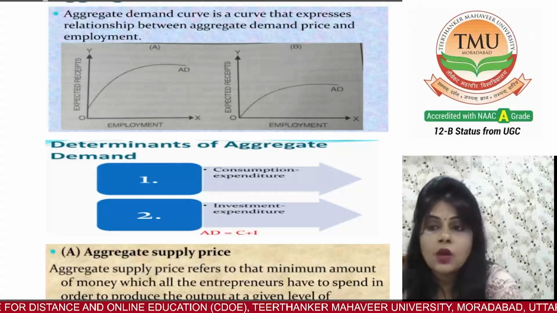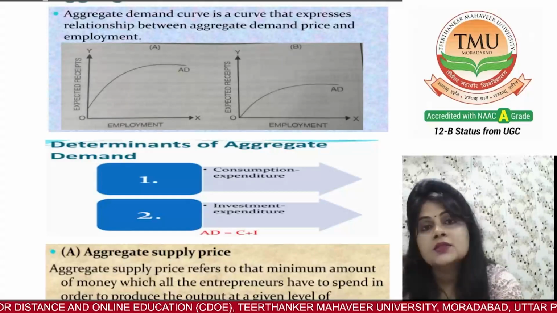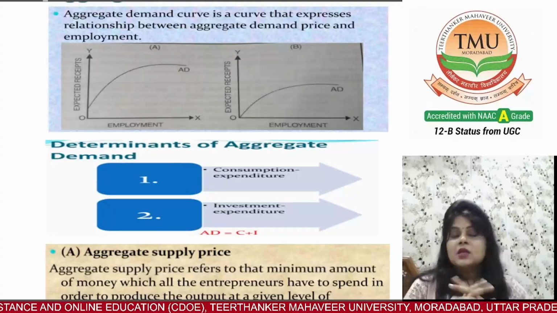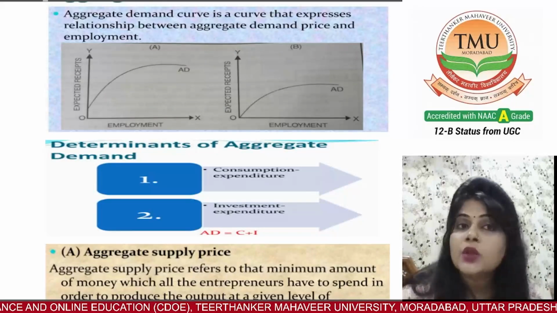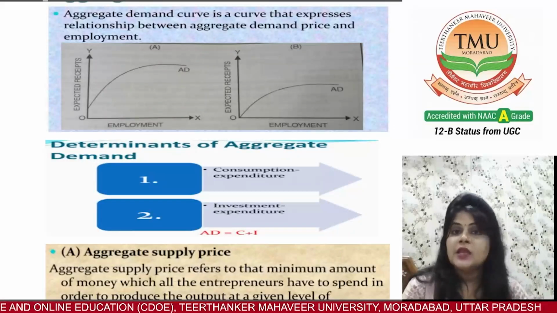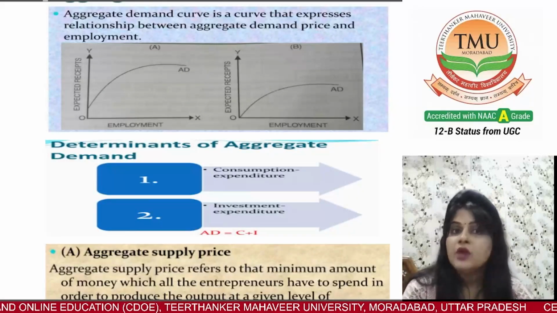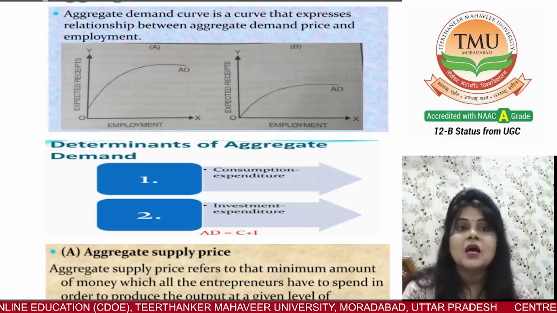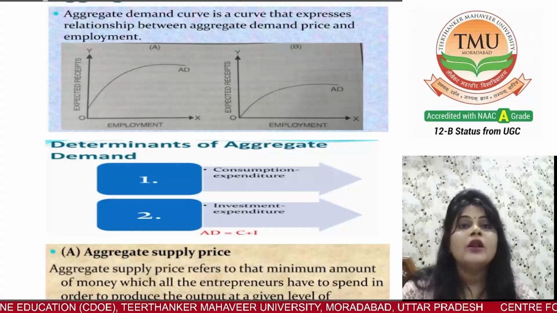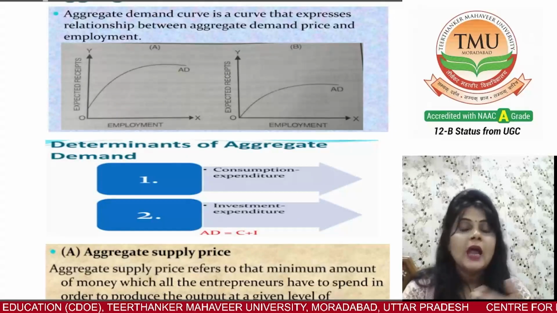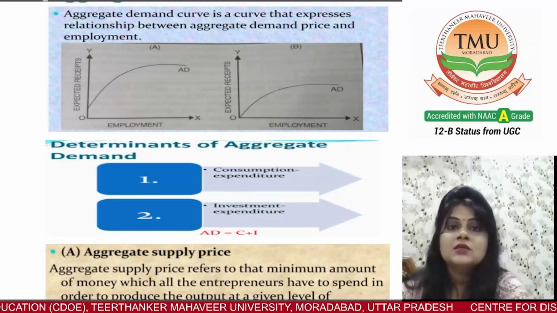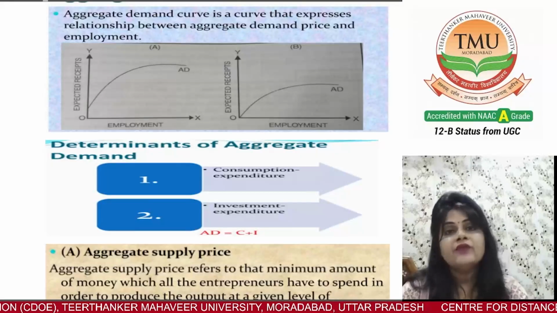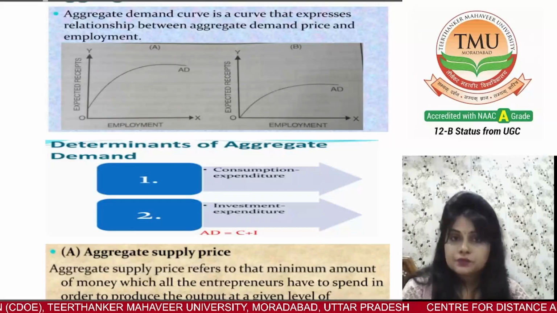The main determinants of the aggregate demand are consumption expenditure and investment demand. This is the total demand for goods and services in an economy at various levels of employment. Total demand for goods and services by the people is the sum total of all demand needs for consumption and investment. In other words, the sum of the consumption expenditure and investment expenditure.